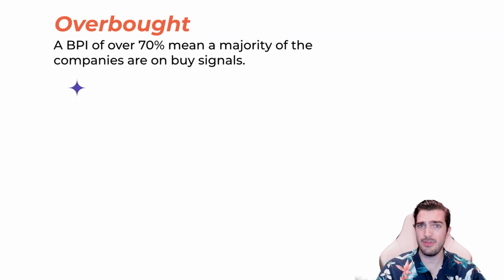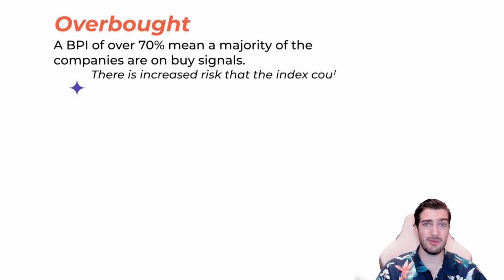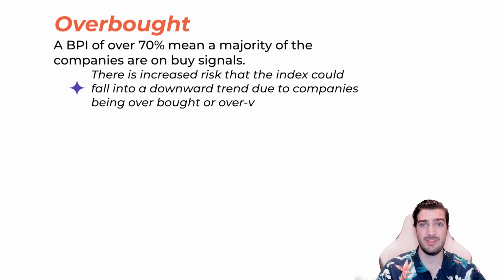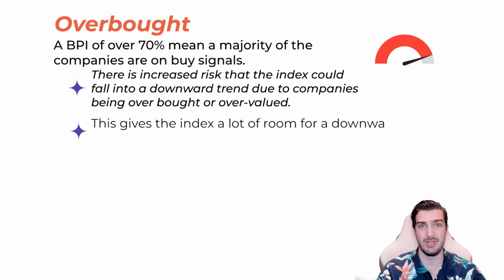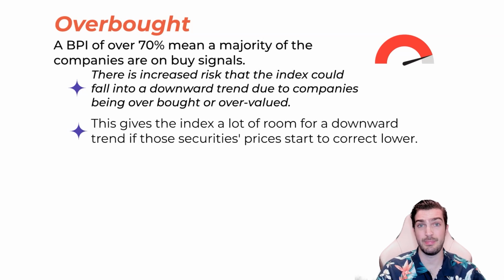And while it's not always true, it means that there's a higher likelihood that some of the companies within that group have been overbought or are currently overvalued compared to what their fair market value might be. This also gives us a lot of room for correction if the favor of that group begins to turn sour and prices begin to correct downward.